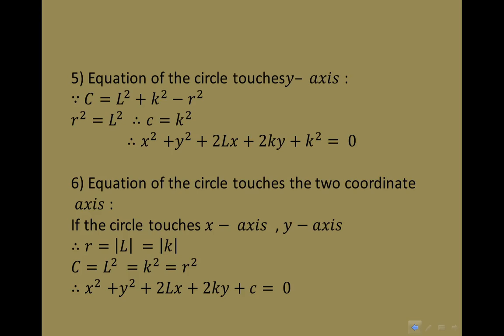Then r equals the absolute value of L equals the absolute value of k, where c equals L squared equals k squared equals r squared. Then x squared plus y squared plus 2Lx plus 2ky plus c equals 0 is the general equation of this circle.